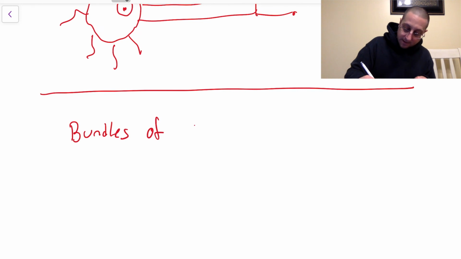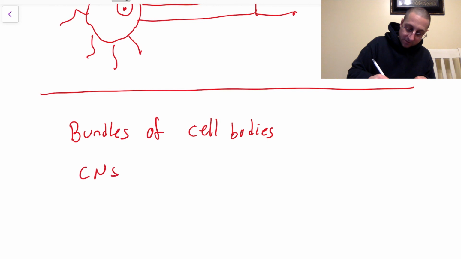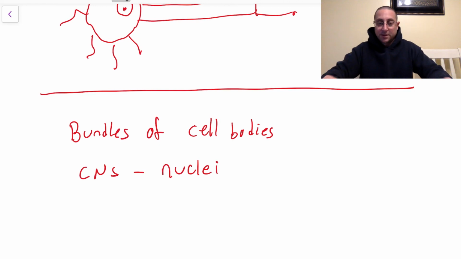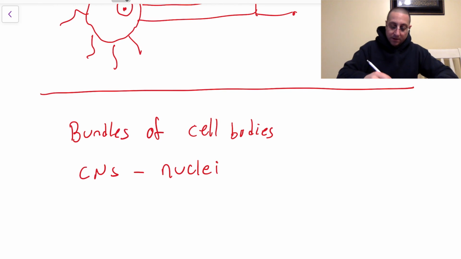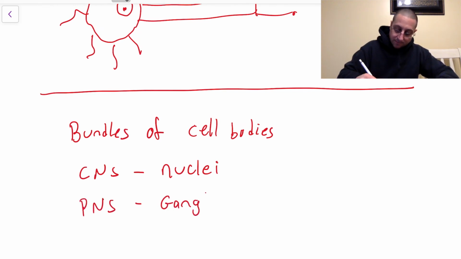of cell bodies in the central nervous system. These are called nuclei. So you get a bunch of the cell bodies in the central nervous system, they're bound together, they're called nuclei. In the peripheral nervous system, they are called ganglia.